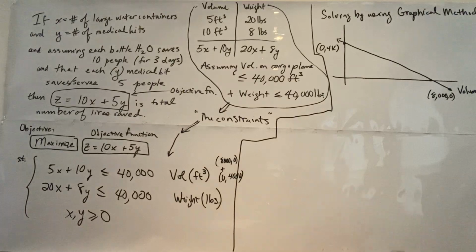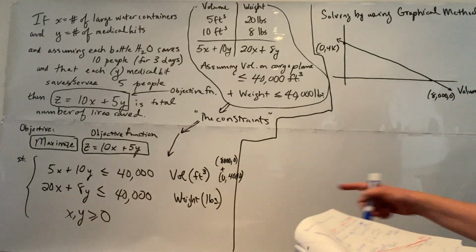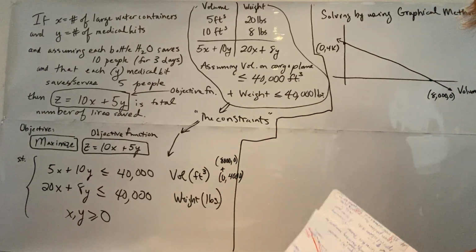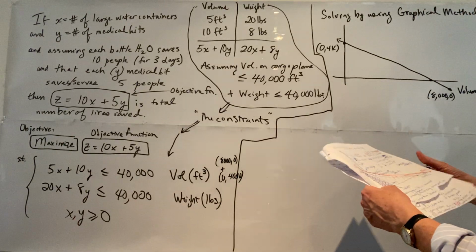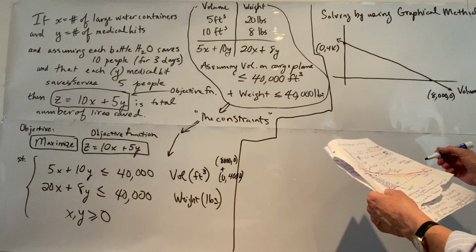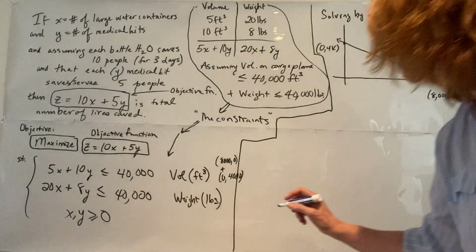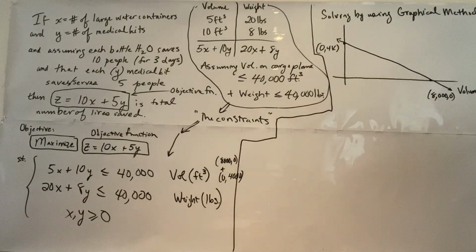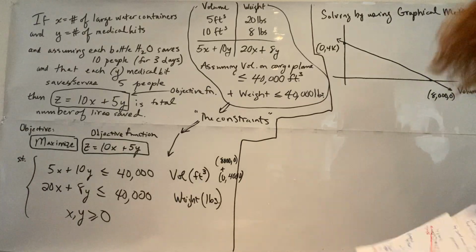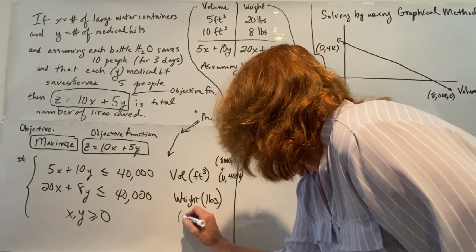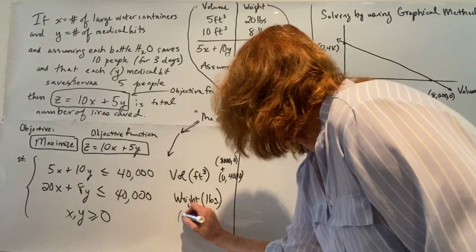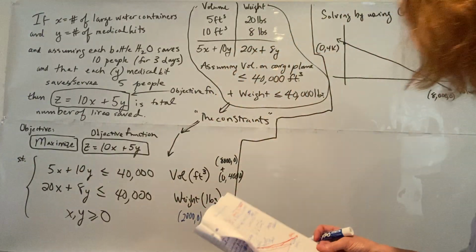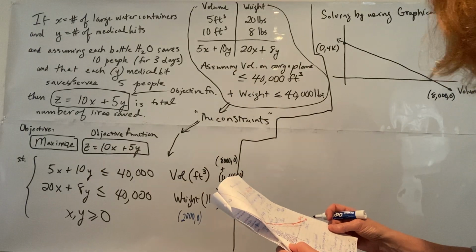Let's do the weight. That one there, can you graph that? You want to stop the video, you do that yourself. Come back and check that for the weight, we're looking at something that has points like 2,000, 0 and 0, 5,000.